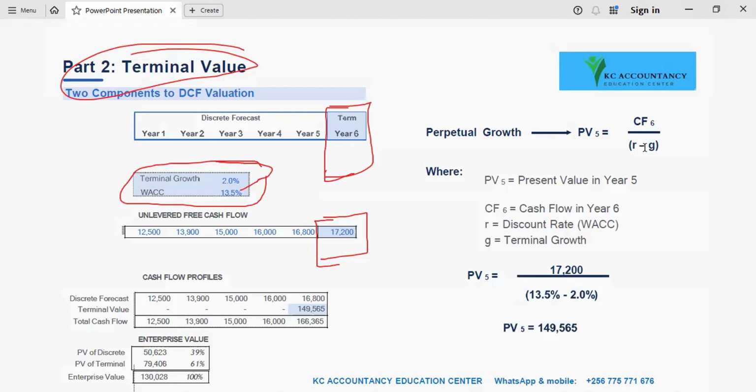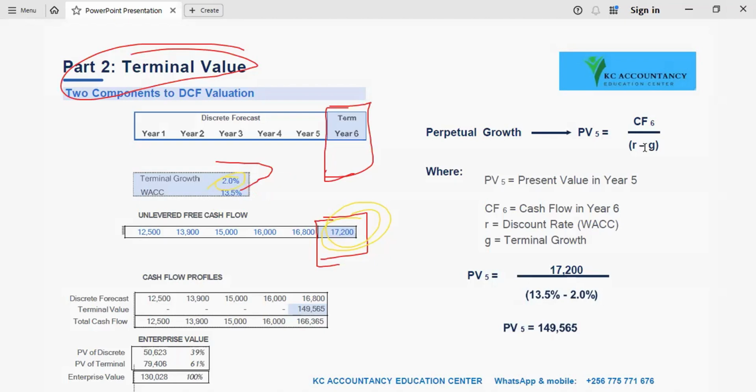In this part of valuation, we are going to make the assumption that this unlevered free cash flow of $17,200 is going to grow forever at the rate of 2%.